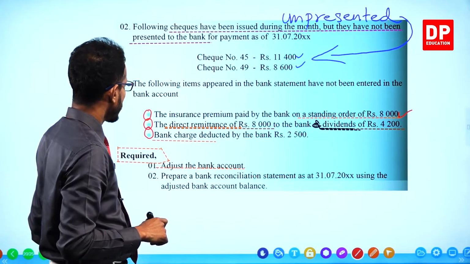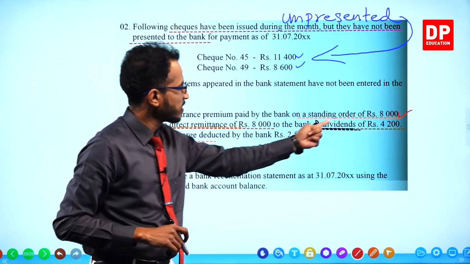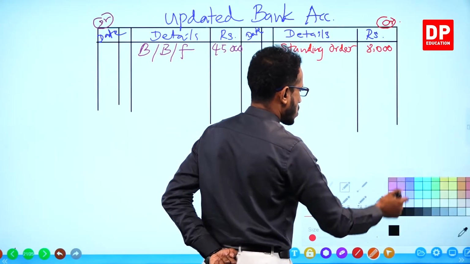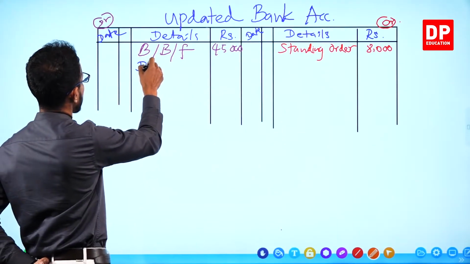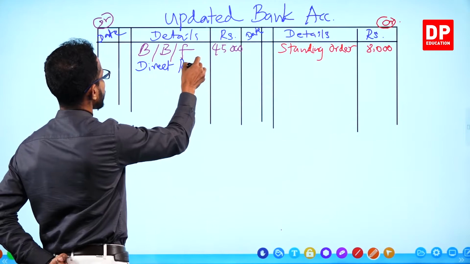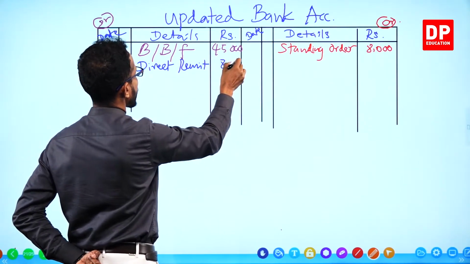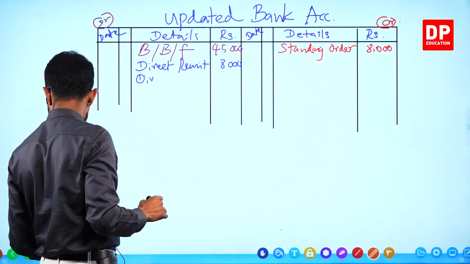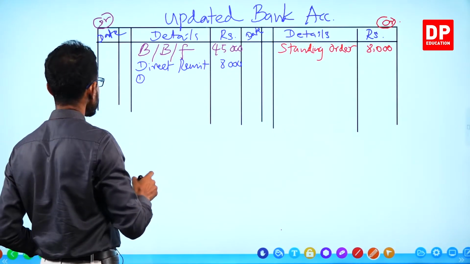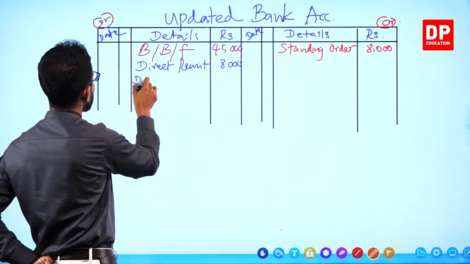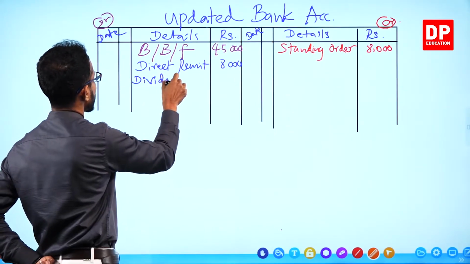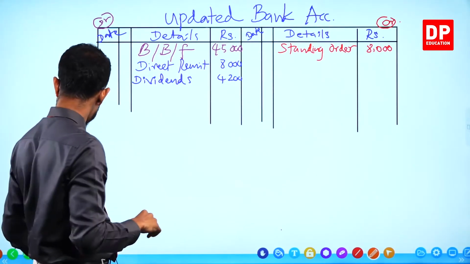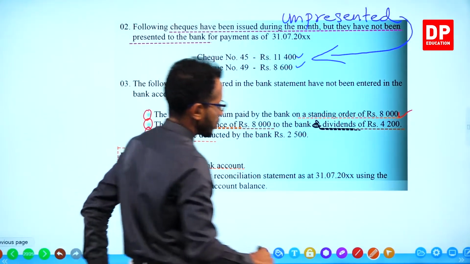Let's go and record the direct remittance of 8,000 and dividends of 4,200 in the debit side. Okay, done. That is also done.